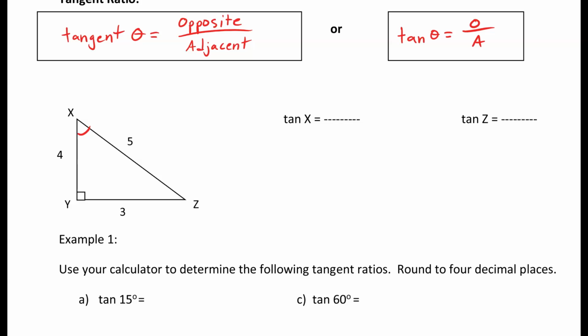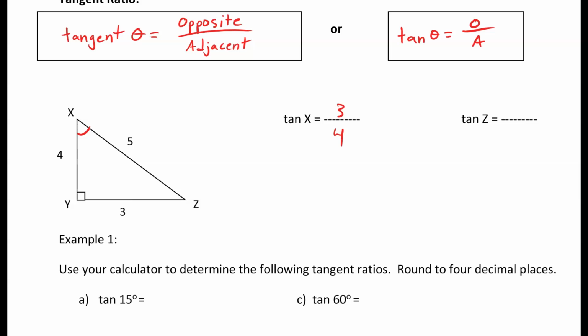We want to use opposite and adjacent. Opposite is going to be right across, and it's going to be 3. Adjacent is going to be touching it, and it's not going to be your longest side. Remember, your hypotenuse is right across from your 90 degrees, so our other leg there would be 4.